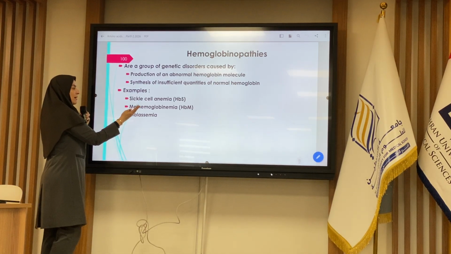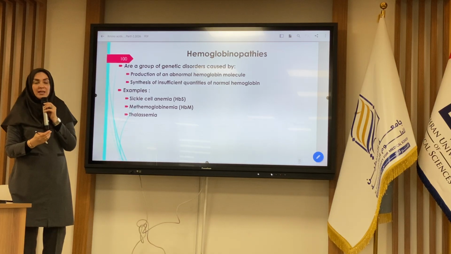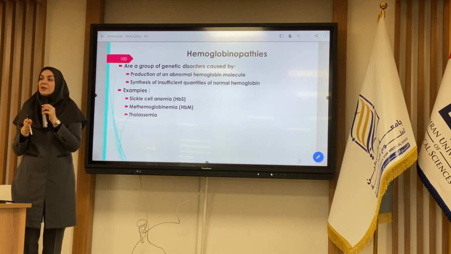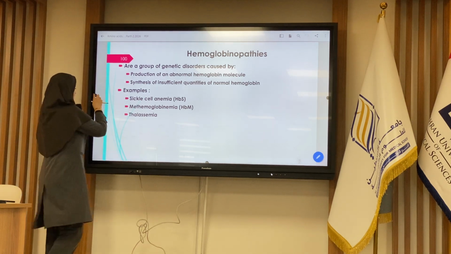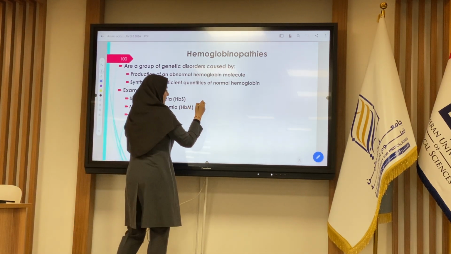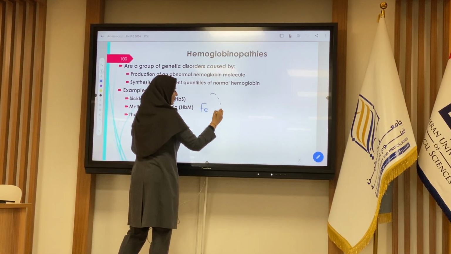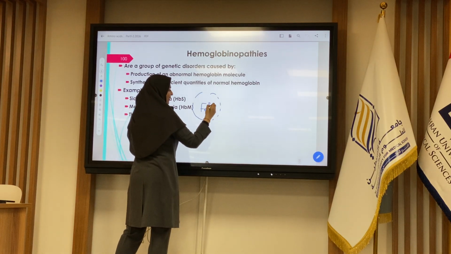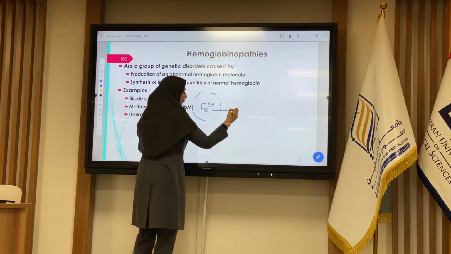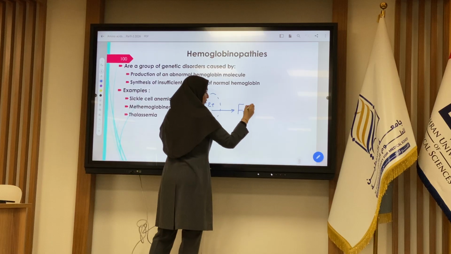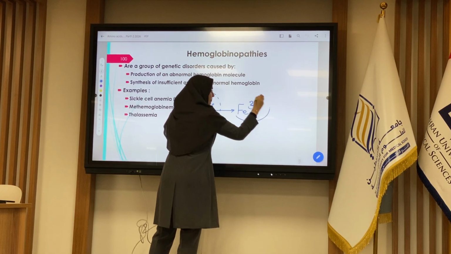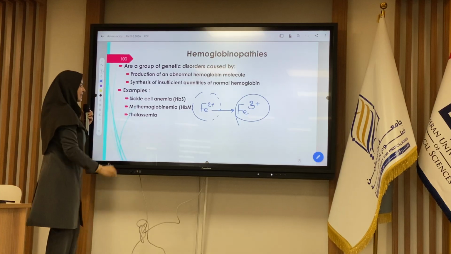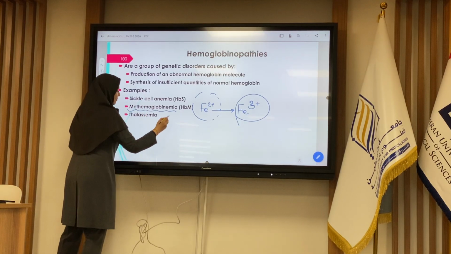Sickle cell we talk about, methemoglobin we talk about. Instead of ferrous, whenever you have ferric: in the middle of the heme, you have Fe2+, and if it's oxidized to the ferric form, methemoglobin. Yes, this is an abnormal form of hemoglobin.